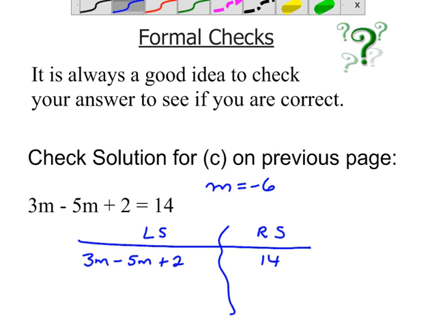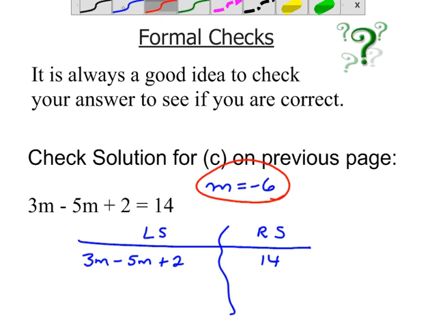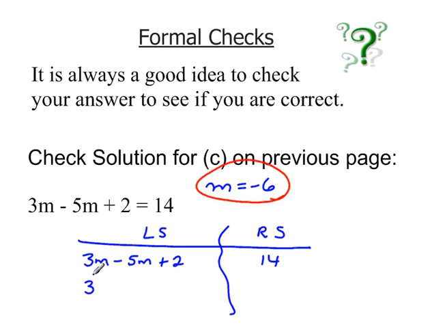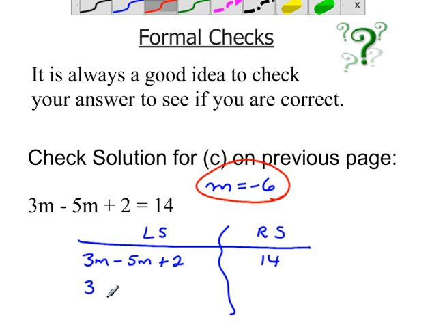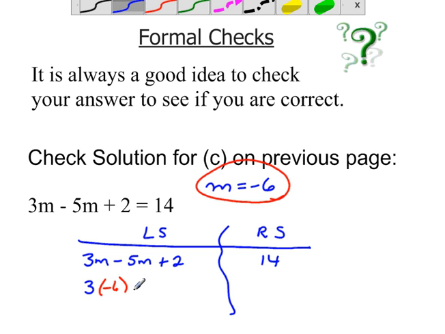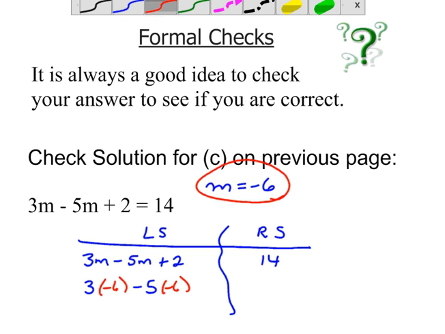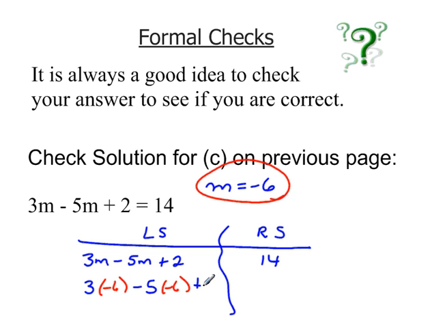Your second step now is to substitute in the answer, m equals -6, that you got when you solved the problem. So 3 times -6 minus 5 times -6 plus 2. And on the right hand side, I don't actually have to do anything, but sometimes you will.